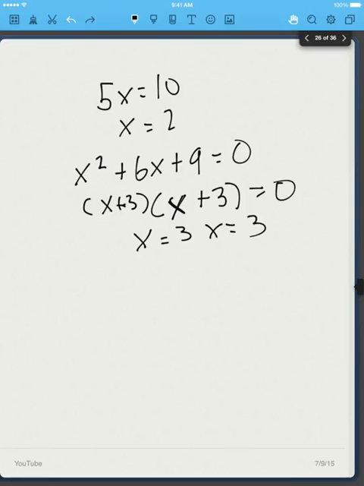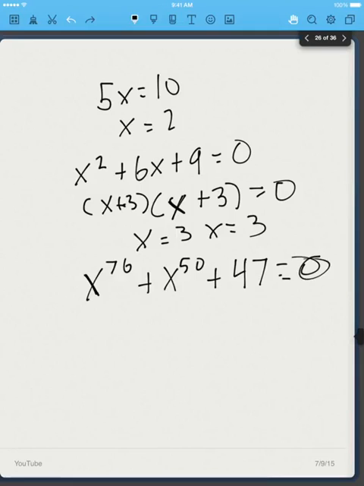Well, let's say I look at something like x to the 76th plus x to the 50th plus 47 equals 0. Let's say I wanted to find solutions to this problem. It's a root finding problem, right?